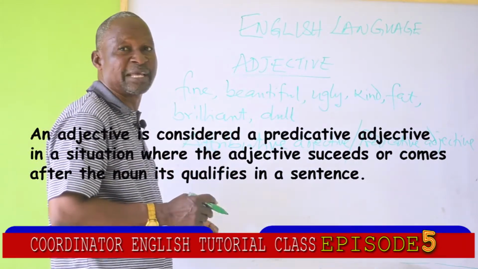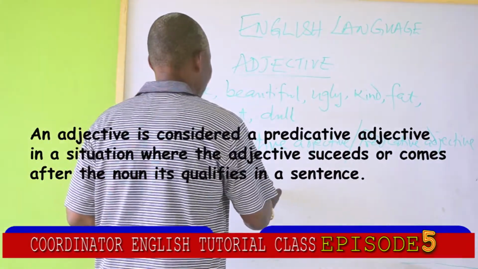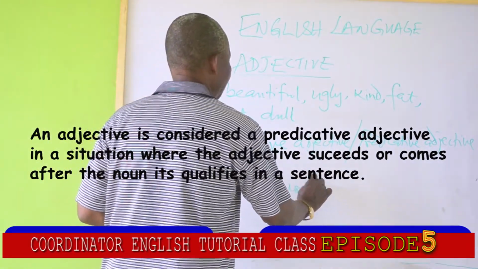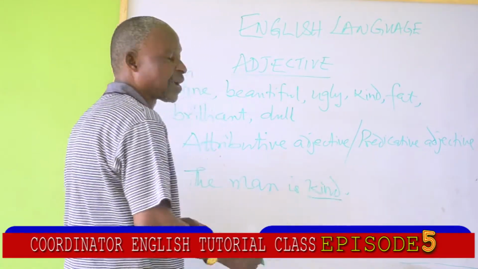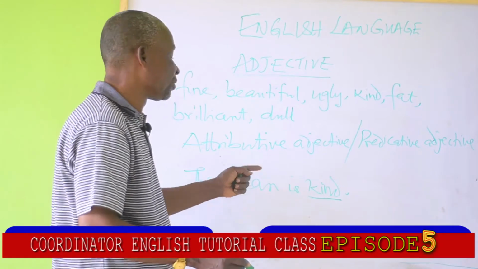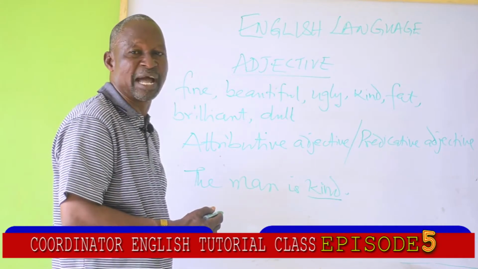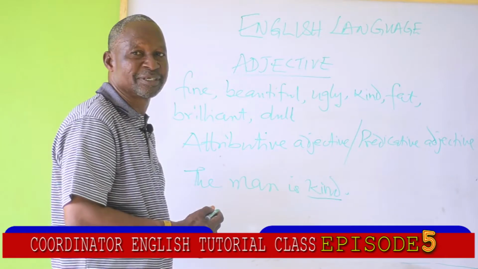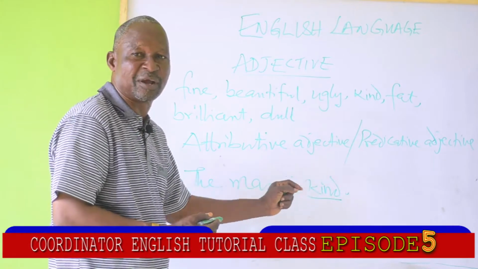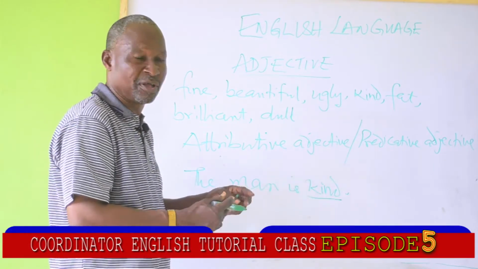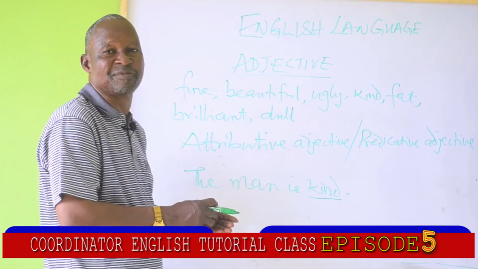Look at the examples I gave earlier. You say the man is kind. Look at the position of kind, so the noun it qualifies, which is man. The man is kind. Kind is recognized as a predicative adjective here.